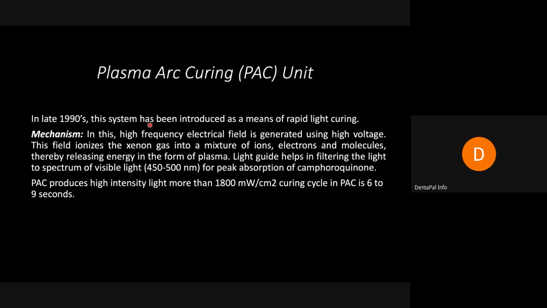The mechanism of work of this machine is that it generates high voltage, high power, and this ionizes the xenon gas inside the lamp into a mixture of ions, and then these ions and electrons will release the energy of plasma that will initiate the polymerization reaction by affecting the camphorquinone, and usually camphorquinone is affected by visible light between 450 to 500 nanometer.